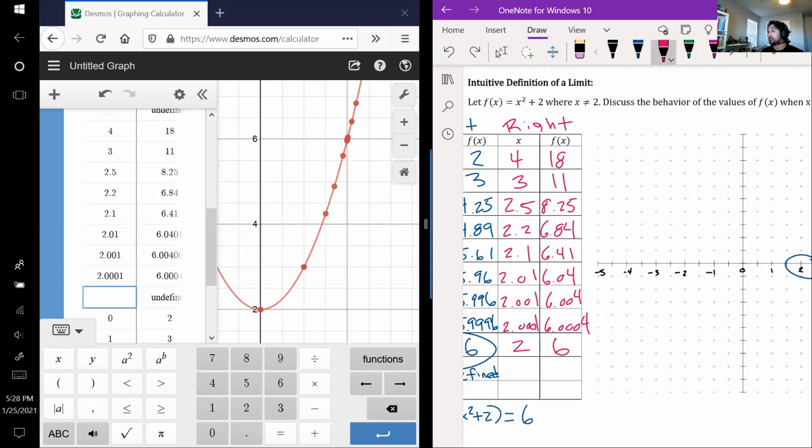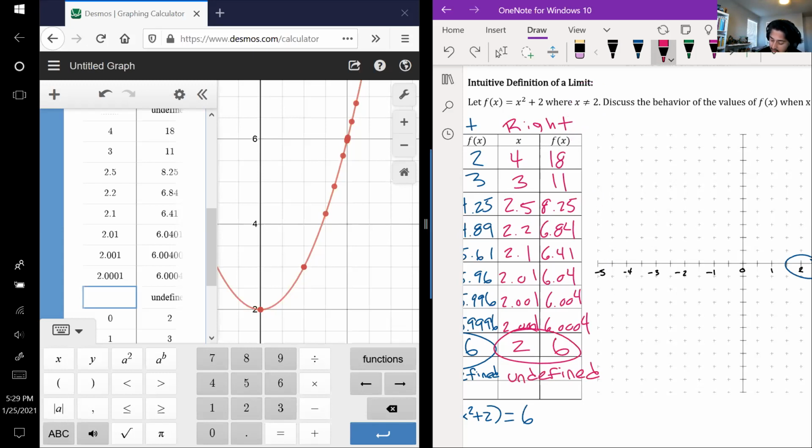So this means that as x approaches 2 from the right side, we get that our y value, our limit, is going to be 6. But once again, can this point actually be defined? No. Only because of that domain restriction again, right there. X cannot equal 2.